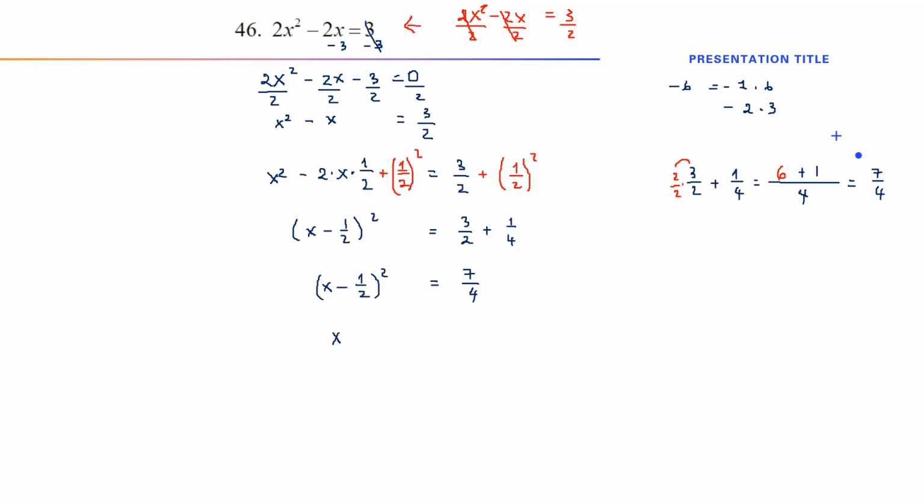Now we have x minus 1/2 equals plus or minus the square root of 7 over 4. The square root of 7 over 4 can be rewritten as the square root of 7 divided by the square root of 4. We simplify the denominator, so we have the square root of 7 over 2.